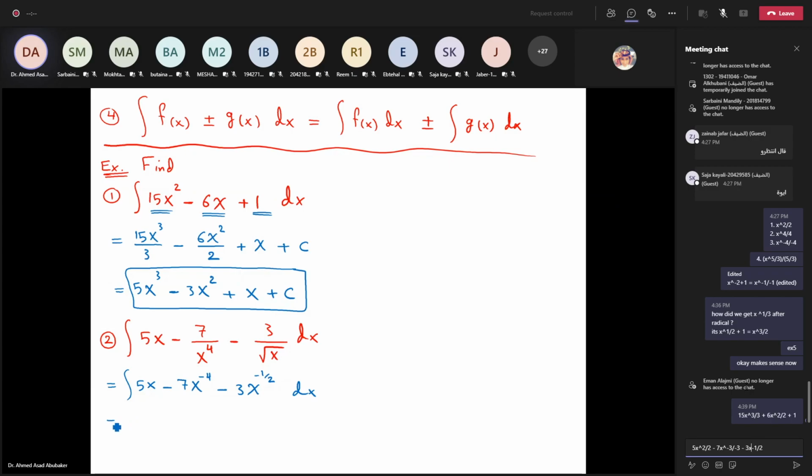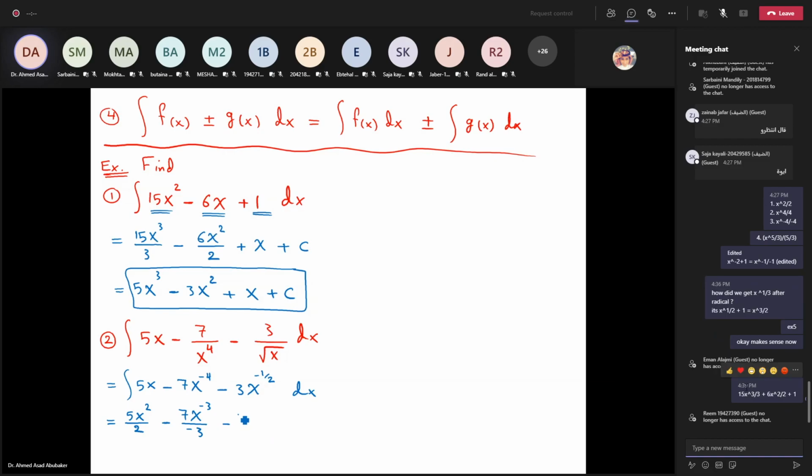Now we can find the integral: 5x squared over 2 minus 7x to the power negative 3 over negative 3 minus 3x to the power 1 over 2 over 1 over 2 plus c.